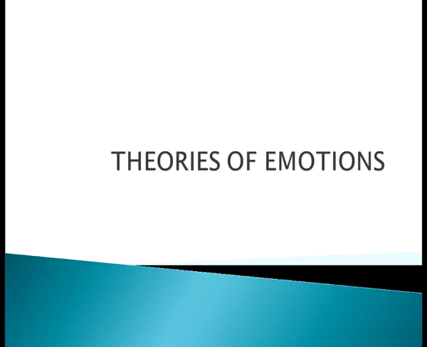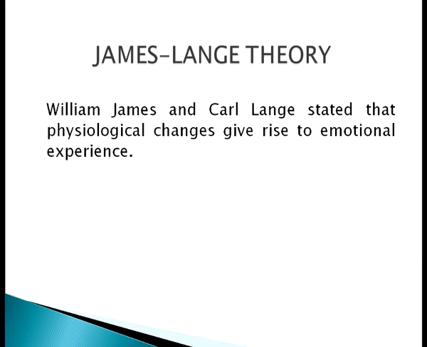In order to understand emotions more clearly, there are certain theories of emotion. We will discuss three theories of emotion. The first is the James-Lange theory of emotion. William James and Carl Lange stated that physiological changes give rise to emotional experience.